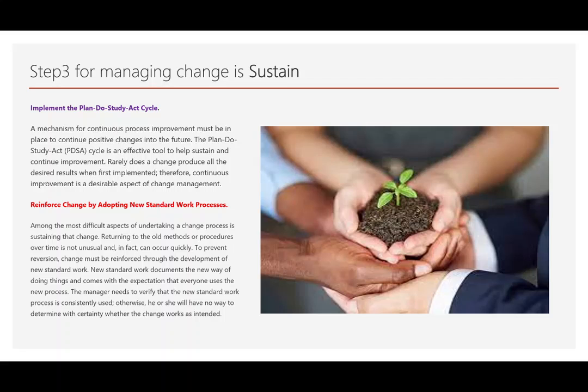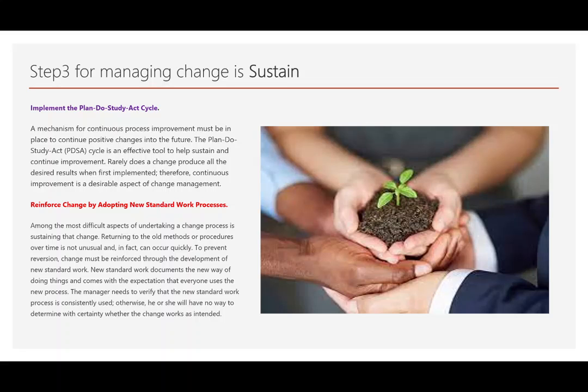To prevent reversion, change must be reinforced through the development of new standard work. New standard work documents the new way of doing things and comes with the expectation that everyone uses the new process.